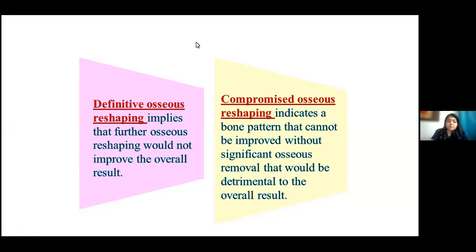Okay, so definitive means that any further osseous reshaping is not going to help. This is all we can do, right? Now, compromised osseous reshaping means that this cannot be improved without a significant osseous removal that would be detrimental to the overall result.